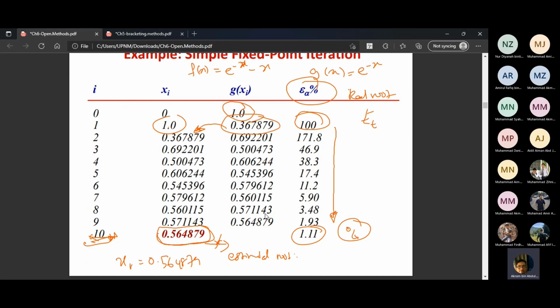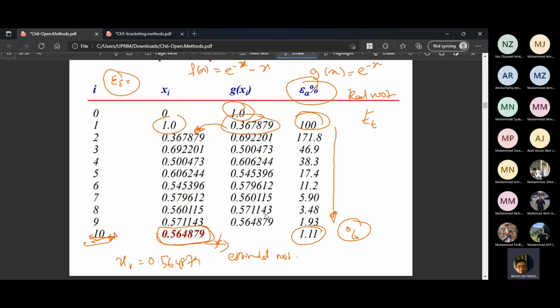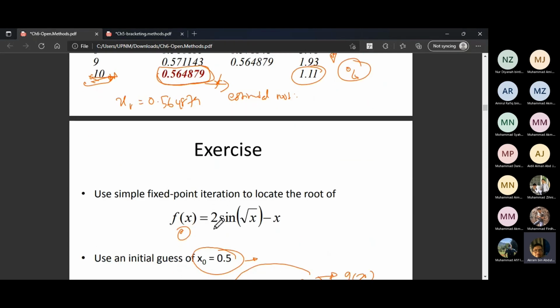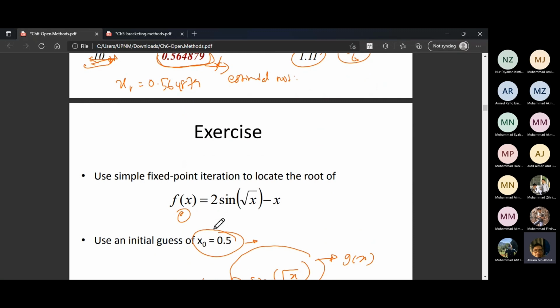And usually the question will give us either the stopping criterion, the pre-specified error that you need to use, or the maximum iteration number that you need to utilize.